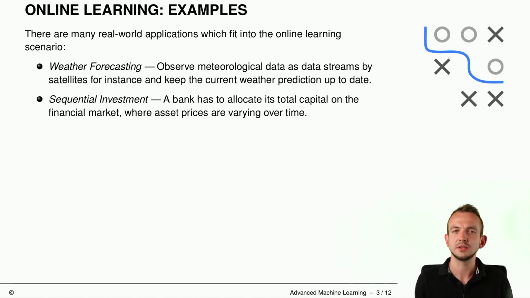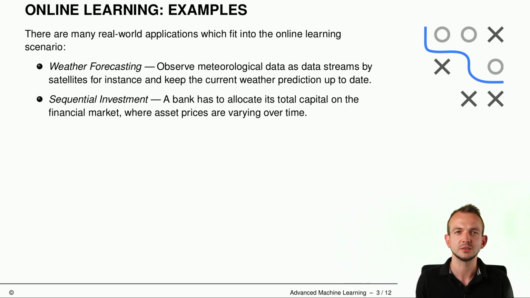Another example in the financial world, imagine you work at an investment bank, and you now want to make as much profit as possible by investing the capital of the bank at the financial market. So you can invest into some assets, some financial products, and of course these are varying over time. So again, we only have data arriving sequentially.